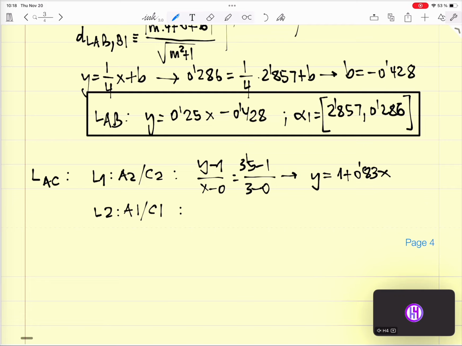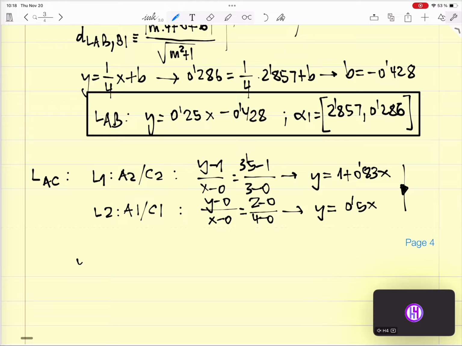As a result, we have (y minus 0)/(x minus 0) equals (2 minus 0)/(4 minus 0), which gives y equals 0.5x.